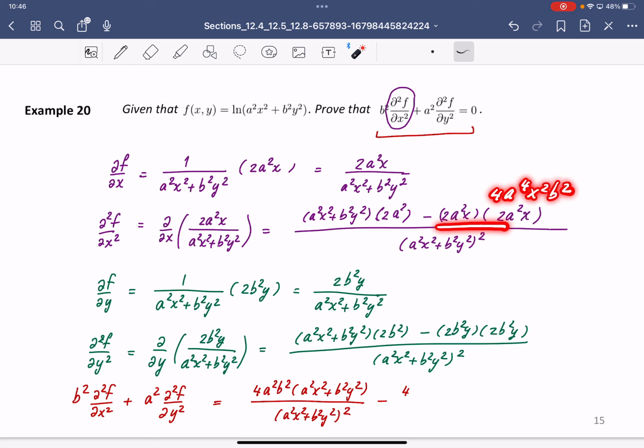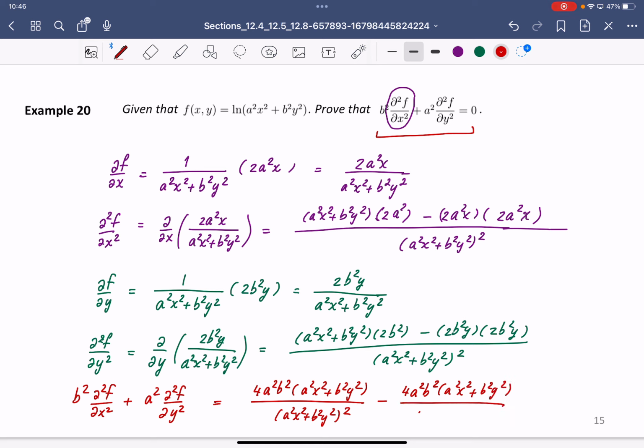And if you do this thing, you're gonna multiply it with a square. So here you're gonna have 4a square b to the 4th power and then y square. And then actually if you pull out 4a square b square, you're gonna get the same term. It uses a lot of algebra, but you're gonna get the same term. This is actually 0. Okay. So tedious calculation, but at the end you get the same thing, 0.